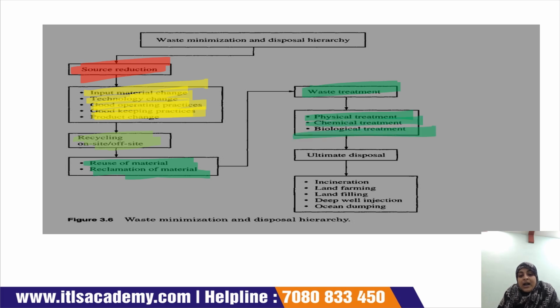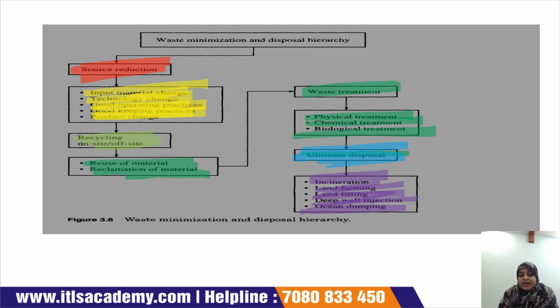Then we have the ultimate disposal. How we dispose is either incineration, land farming, land filling, deep ocean injection, and ocean deep. So these are the waste minimization and disposal hierarchy, in which we see how we minimize the waste and what the disposal hierarchy is.